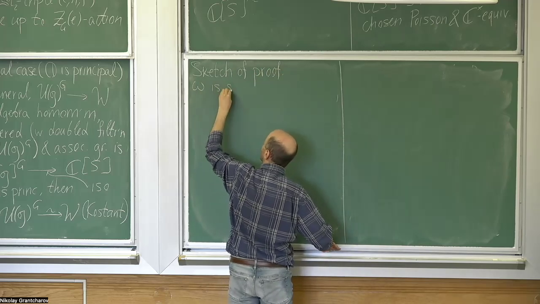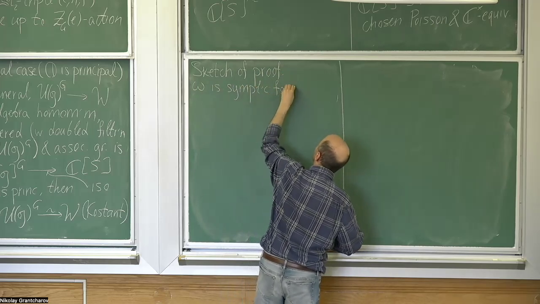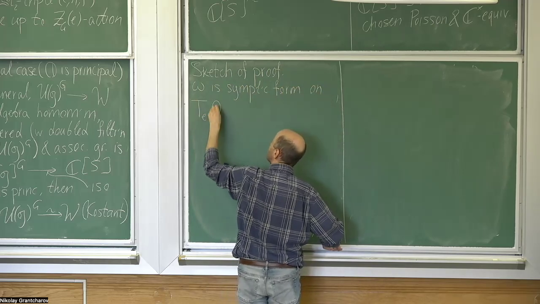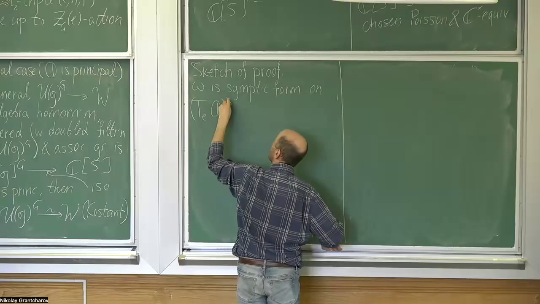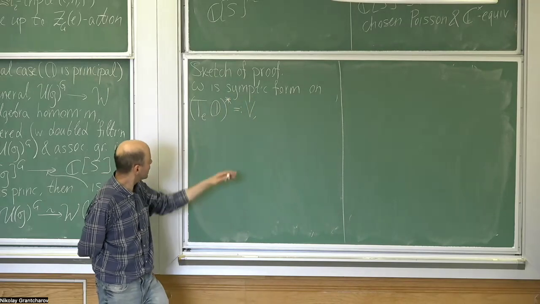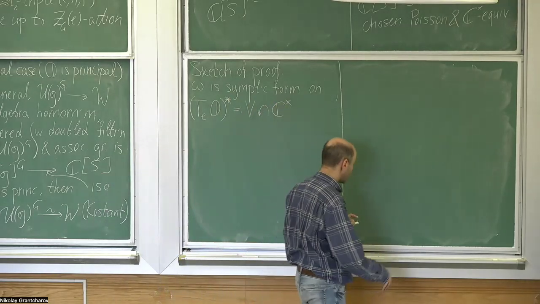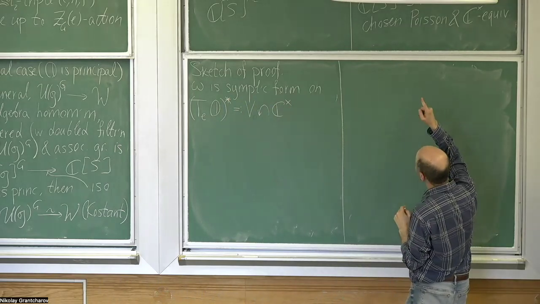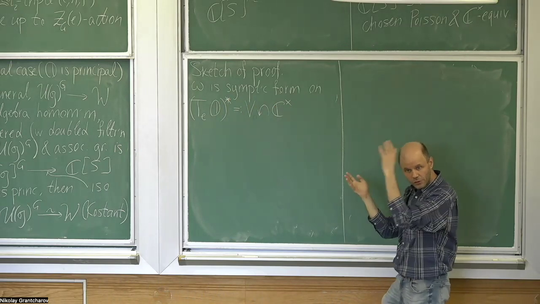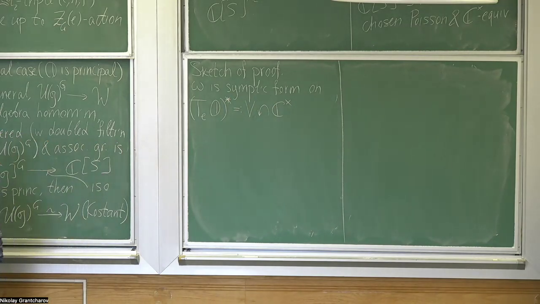Omega is a symplectic form on the dual of the tangent space, which I'm going to denote by V. And then on this V, I have a C star action. So how does it exactly come to be? Well, I have an action on G which fixes E. And it restricts to an action on the tangent space, and I take a suitably dualized action on the dual.